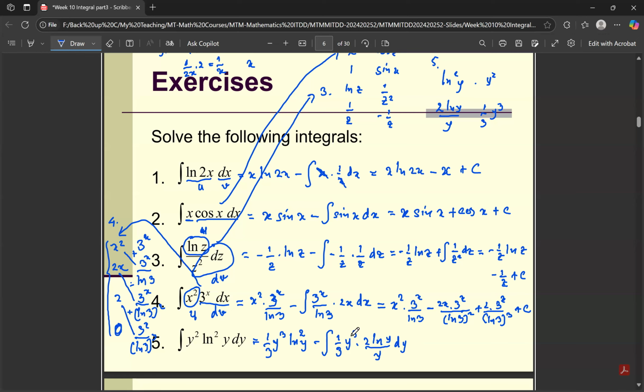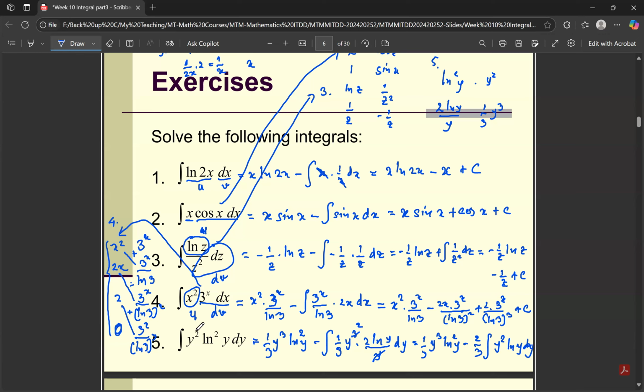We can cancel out, and 2 times 1 over 3 can be pulled out of the integral. So we have 1 over 3 y cubed ln y squared minus 2 over 3 integral y squared ln y dy.